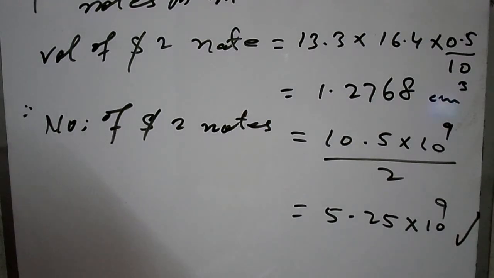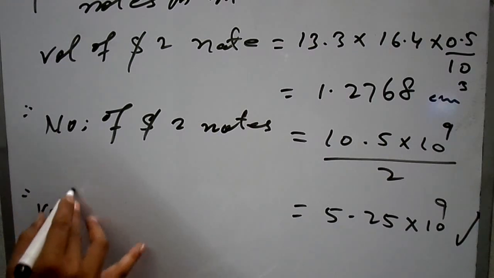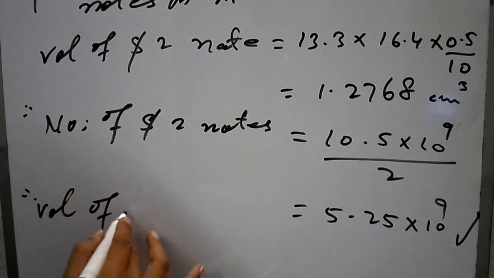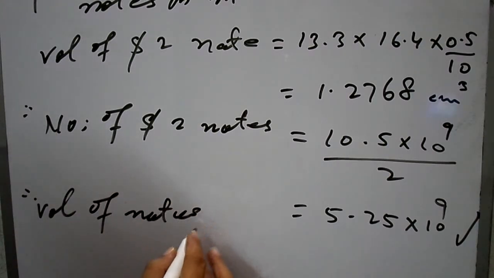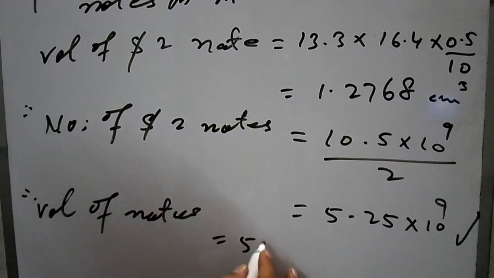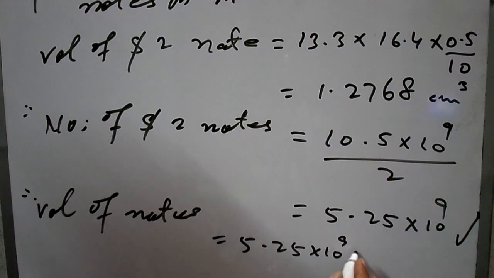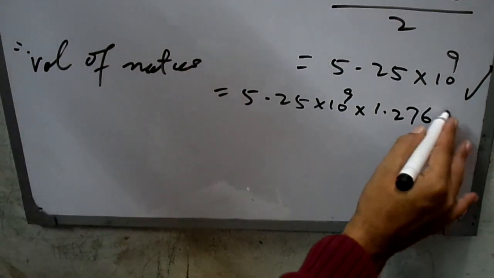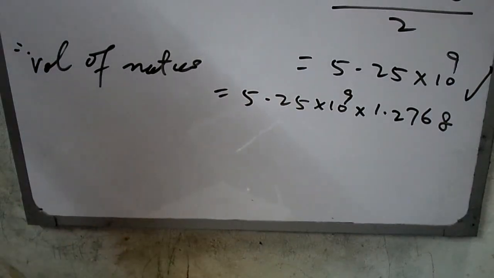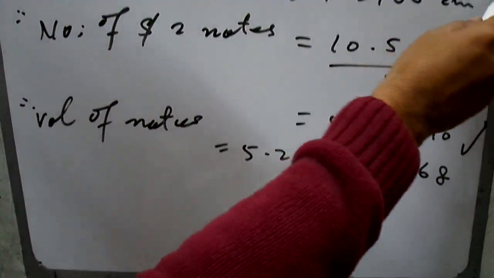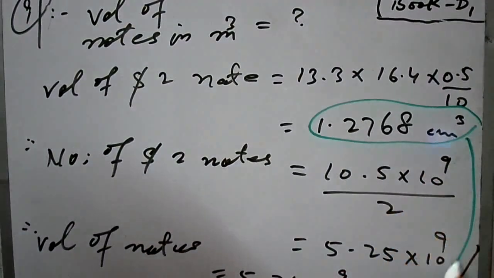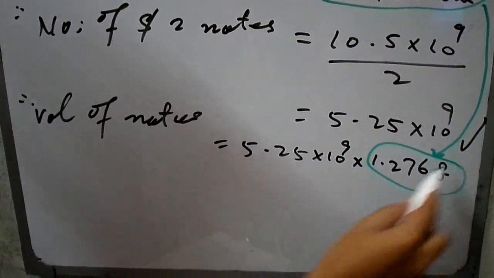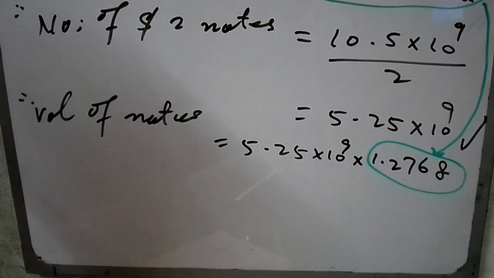So the volume of notes will be 5.25 billion multiplied by 1.2768, which gives 6.7032 into 10 raised to power 9.